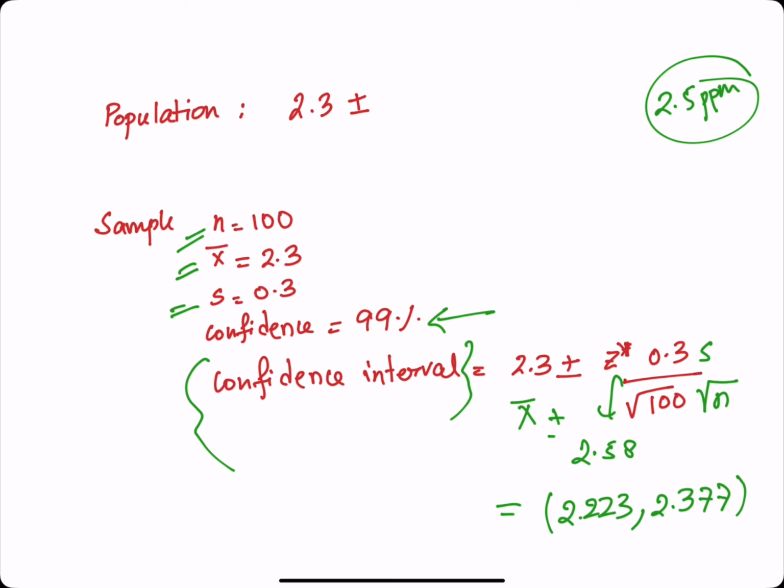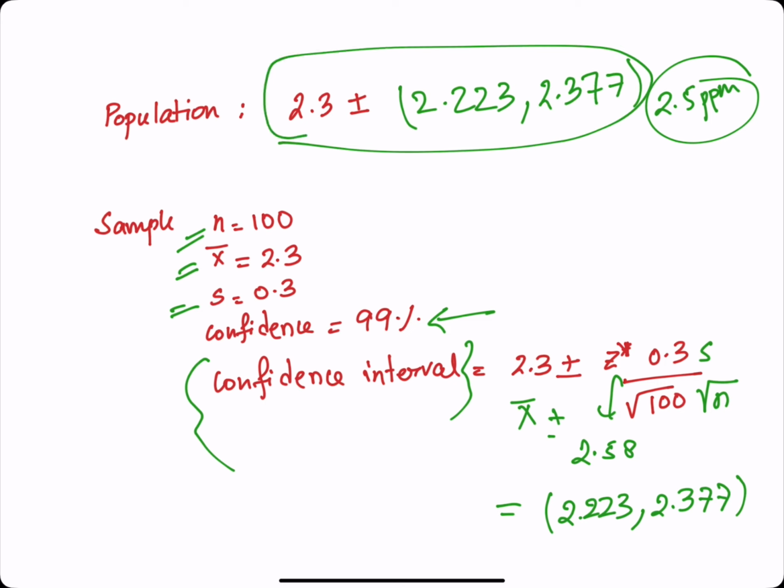So we can say with 99% confidence that the population mean lies between 2.223 and 2.377. That means it lies within the safe zone, and the chemical content in that food is lower than 2.5.